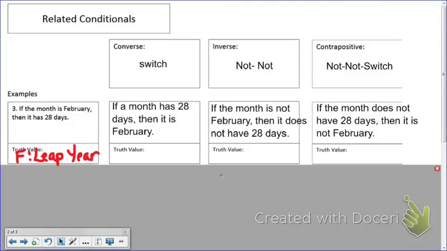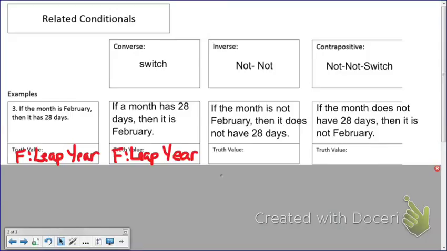The converse is switching the if and then of the original. So the converse of this statement would be if a month has 28 days, then it is February. Again, this is false because of the leap year. The inverse is if the month is not February, then it does not have 28 days.